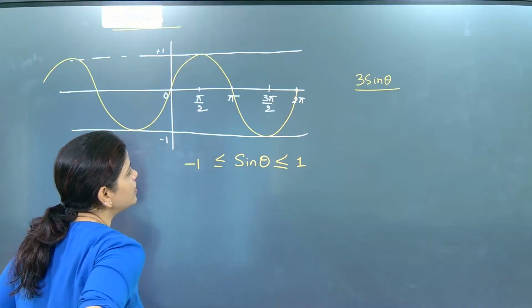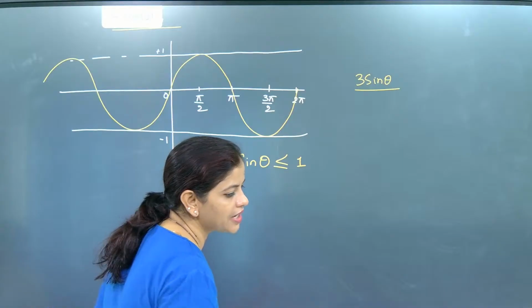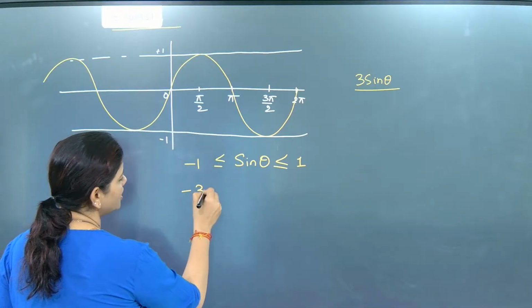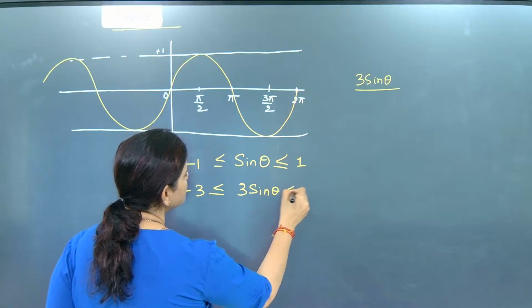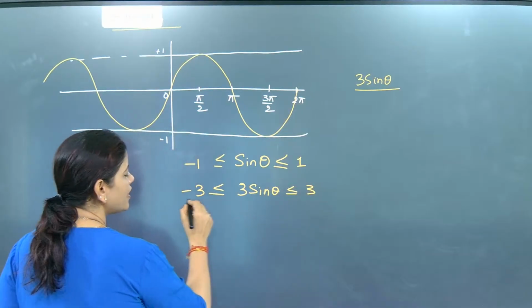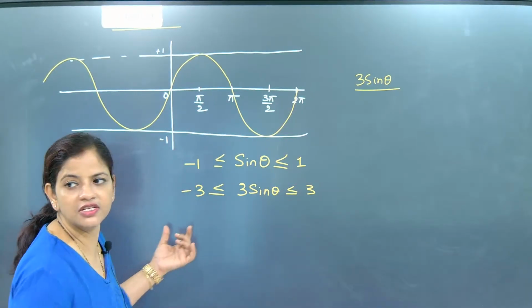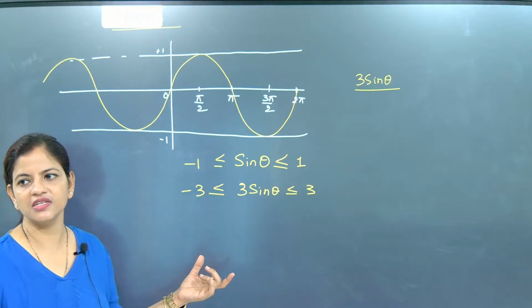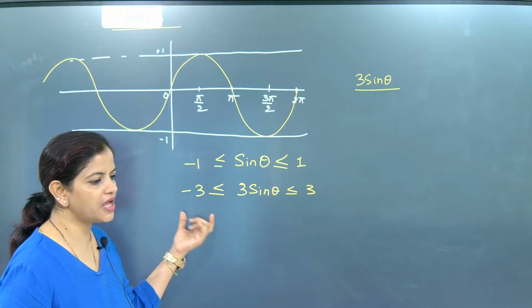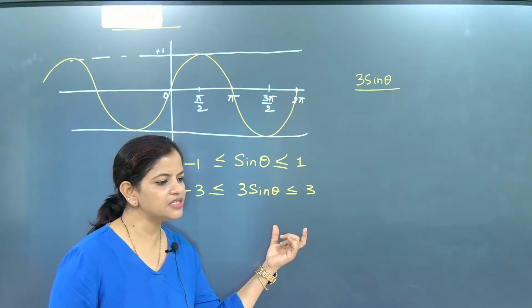When they give you 3 sine theta, the 3 will be multiplied. So now everything is changing. Now the lower limit is changed and the upper limit is changed. The lower limit is -3. The upper limit is +3.